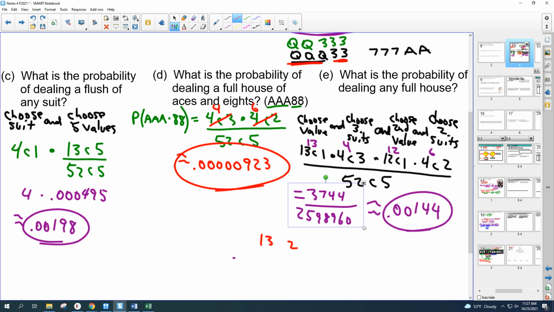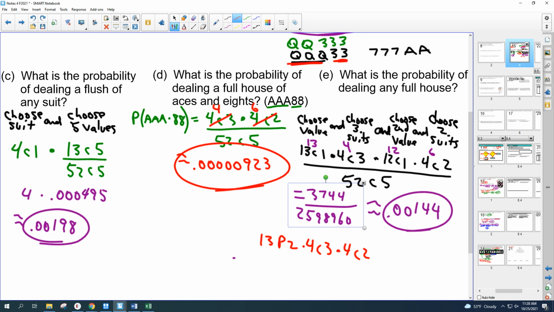But order matters because 3 queens is different than 2 queens. So in this case, I'm picking 2 of those 13 values, but putting them in order. 3 queens and 2 threes is different than the other way. After you pick your 2 values, you say, okay, the first value, I know there's 4 of them, and I'm going to pick 3 of those suits, maybe hearts, diamonds, and clubs. And my other value is, well, there are 4 of them, and I only want 2 of them.